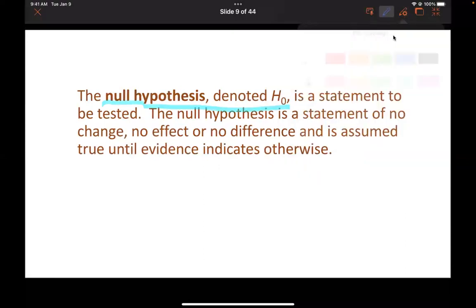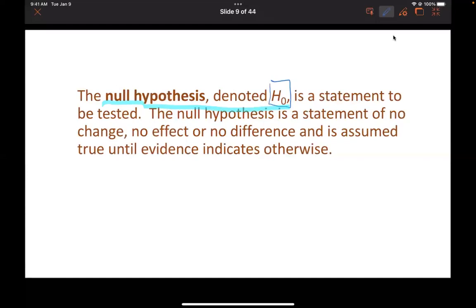With the null hypothesis, we are going to assume it is true until we've shown something different. If we have evidence it's not true, then we will reject it. But we are assuming the null hypothesis is true until we've shown otherwise. This H naught right here, H sub 0 is how you write that. Null hypothesis, or H naught.